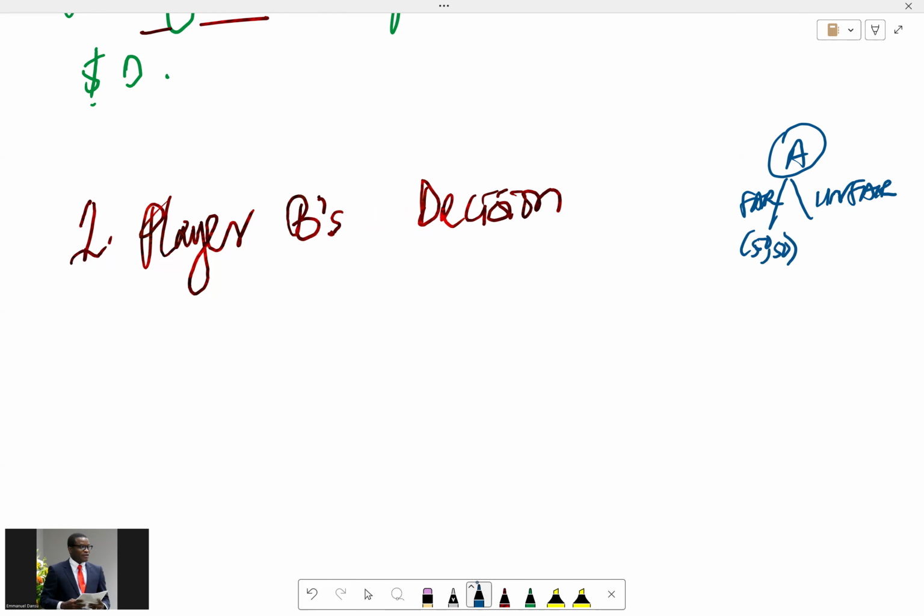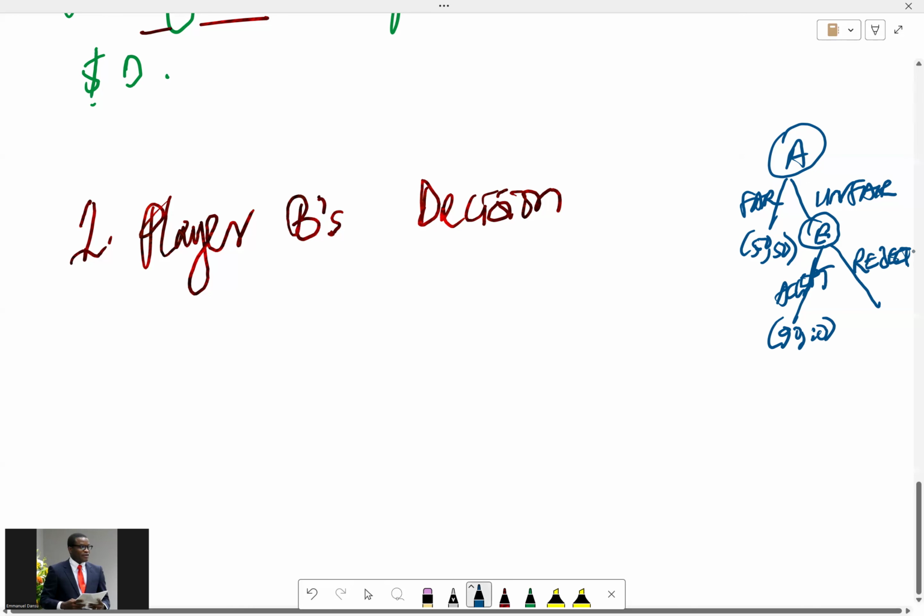So this is more like some rough work. Then B can accept, so if B accepts, that's 90-10. Then B can reject. If B rejects, that would be 0-0. So this is the scenario we are looking at now.